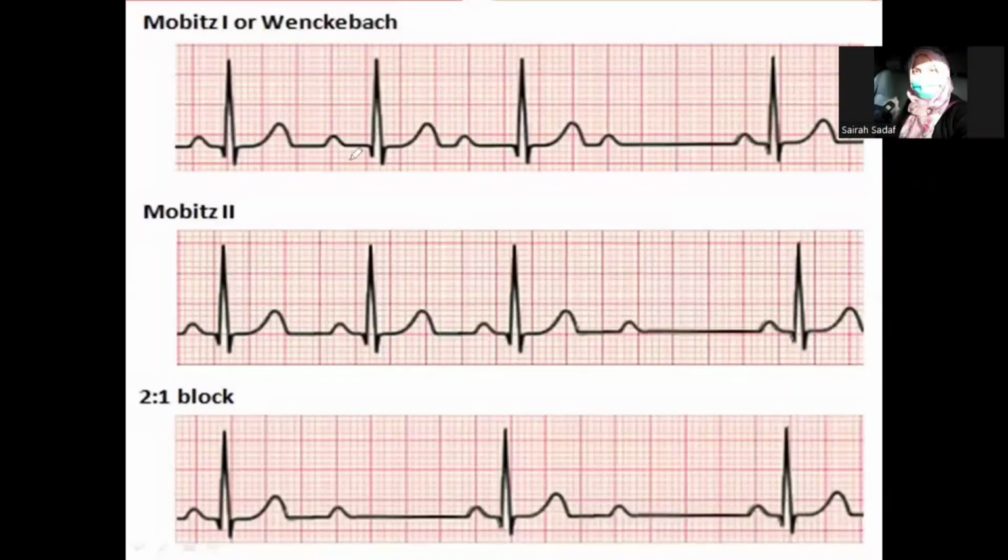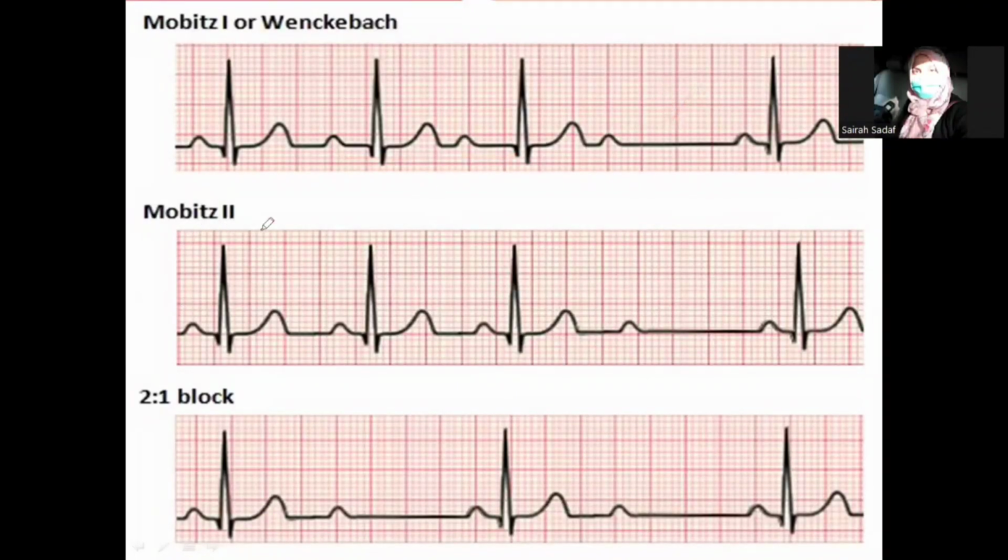In type 1, usually first there is a normal PR interval, then the duration starts increasing. It increases further and further, and one day there is no QRS complex, or you can say the husband starts coming home late, further late, more late, and one day the husband doesn't even show up.